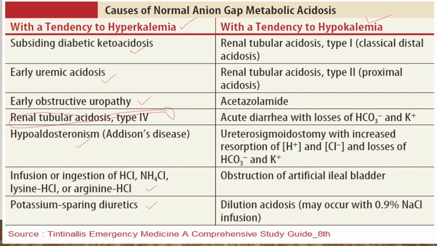With a tendency for hypokalemia, you have renal tubular acidosis type 1 and type 2, acetazolamide, acute diarrhea with loss of bicarbonate and of potassium, ureterosigmoidostomy, obstruction of an artificial ileal bladder, and dilution acidosis. So if you can see, renal tubular acidosis comes under normal anion gap metabolic acidosis.